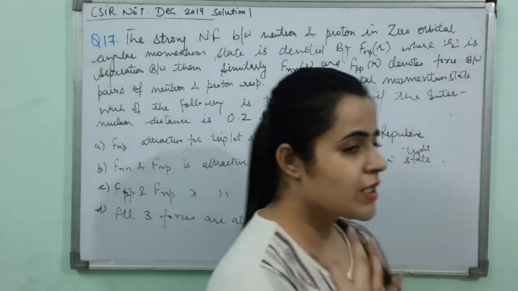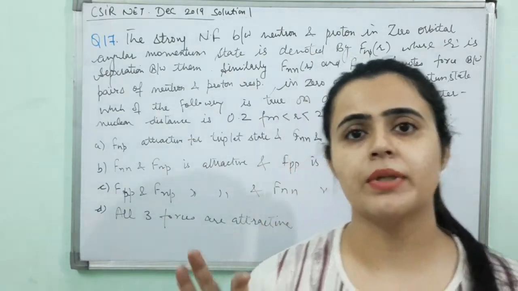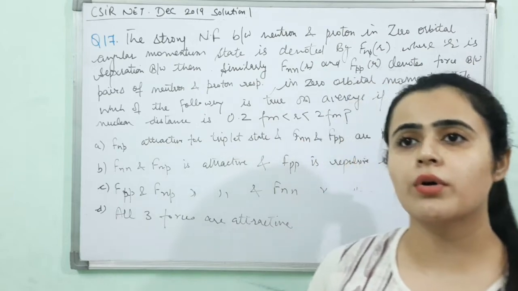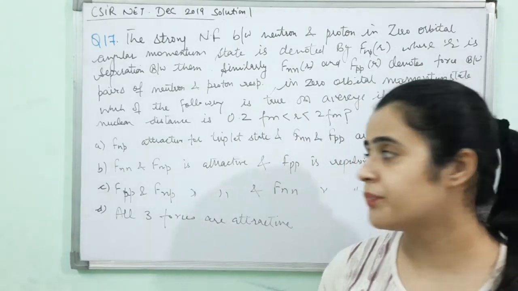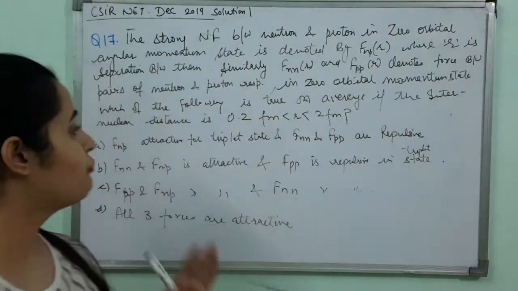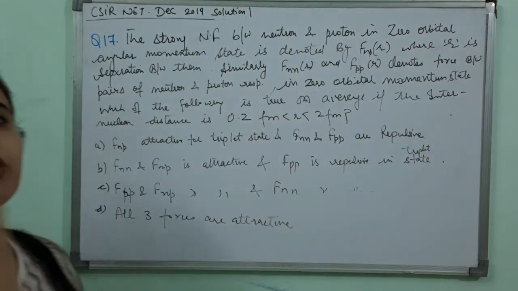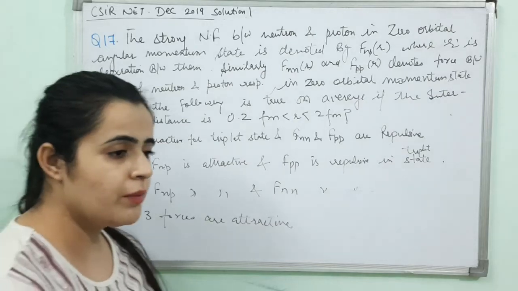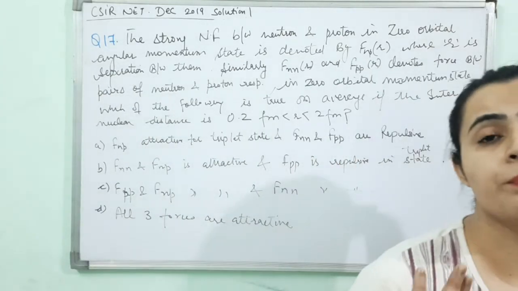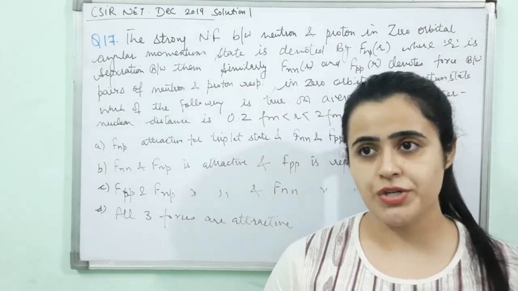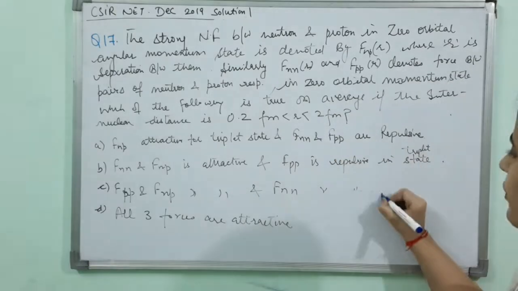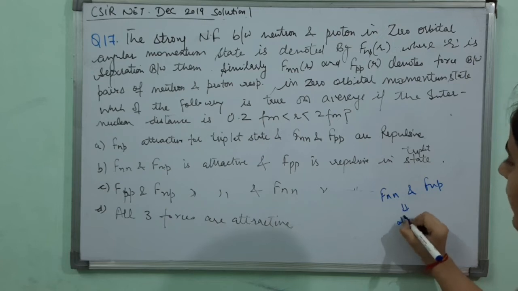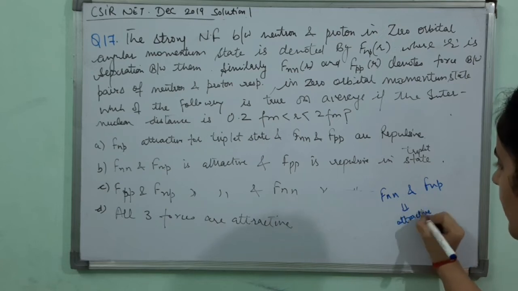Now, just go to the basic concept that the force between neutron and proton is attractive inside the nucleus, and the force between proton and proton is always repulsive due to Coulombic interactions. So F_nn and F_np are attractive forces inside the nucleus.